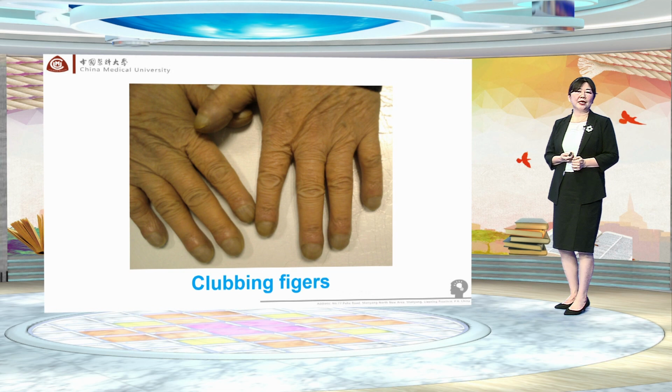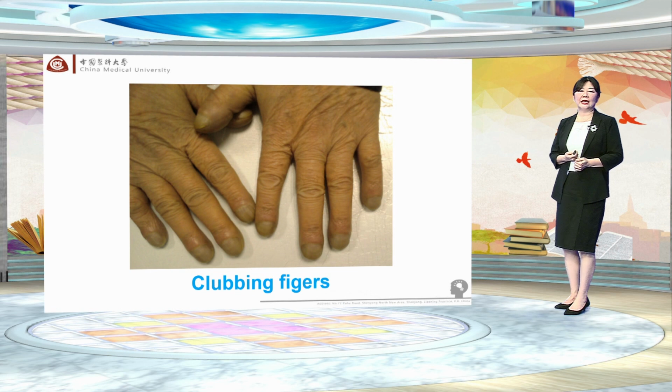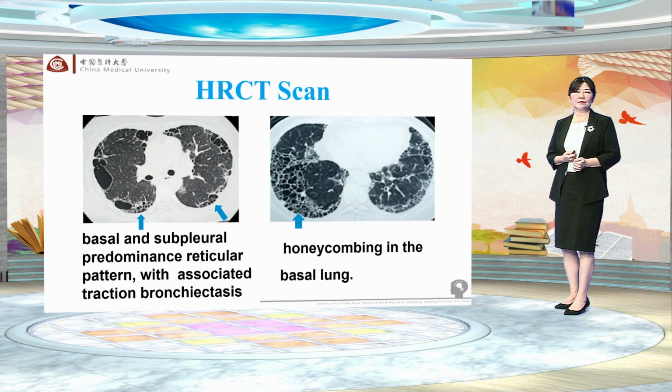It's characterized by widening and thickening of the end of the finger segment and the uplift of the fingernail from the root to the end, so that the basal angle between the skin and the fingernail on the back of the finger end is equal to or more than 180. The CT scan showed a basal and subpleural predominant reticular pattern with associated traction bronchiectasis and honeycombing in the basal lung.